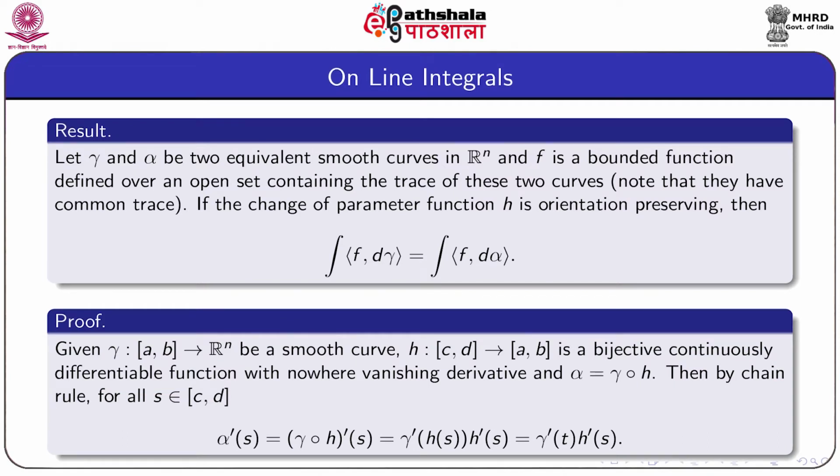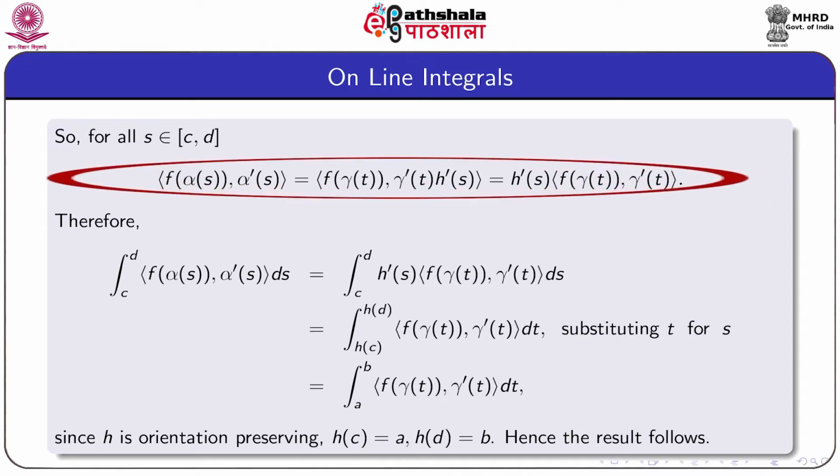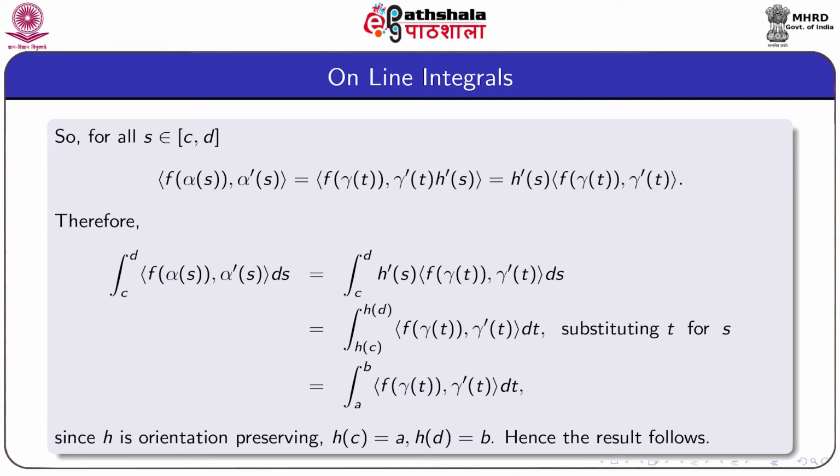By the chain rule, for every s in [c,d], we find that alpha'(s) equals (gamma compose h)'(s), that is gamma'(h(s)) h'(s), which equals gamma'(t) h'(s), where t is h(s). So, for s in [c,d], we can write the inner product of f(alpha(s)) and alpha'(s) equals the inner product of f(gamma(t)) and gamma'(t) times h'(s).